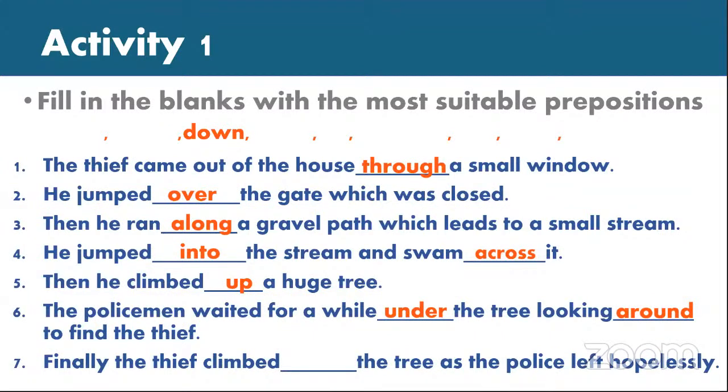But he didn't look up. If he looked up, he could have found the thief. But finally, what happened? The thief climbed down the tree as the police left hopelessly. So, see whether you have got all correct.